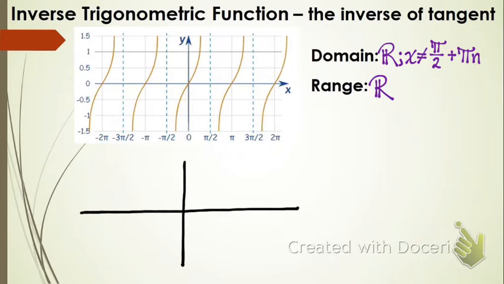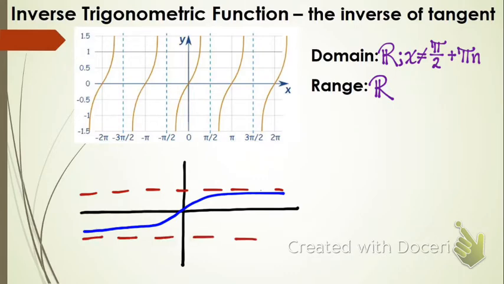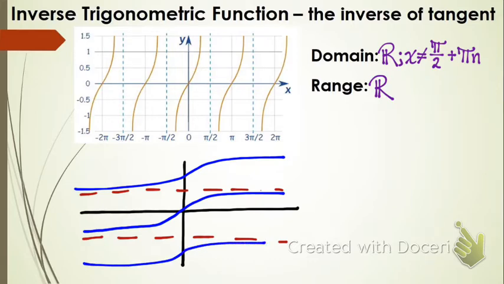So it switches the x and y coordinates. Instead of being these squiggles that go up and down, what's it going to do? Side to side. So we're going to have a tangent squiggle here. It's going to have an asymptote. And it would have a tangent squiggle here. Would it ever stop? No.